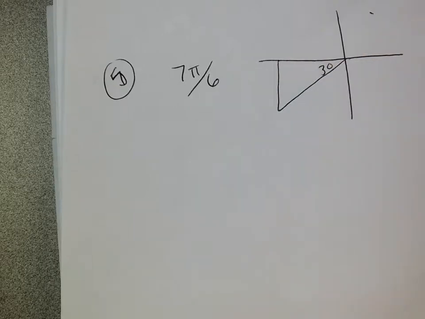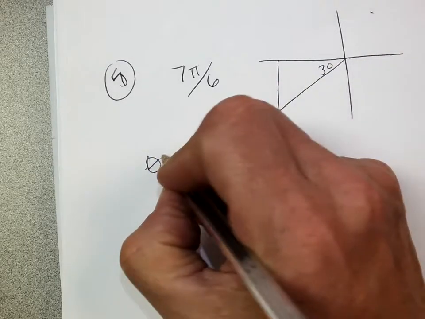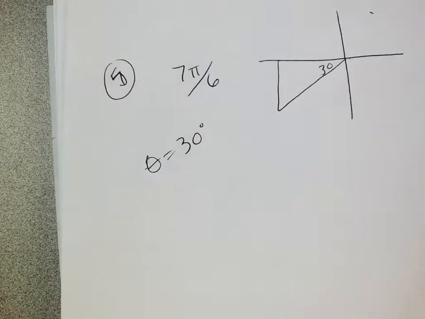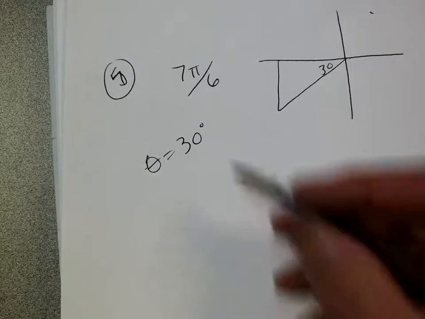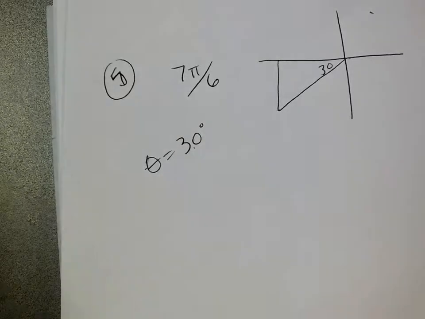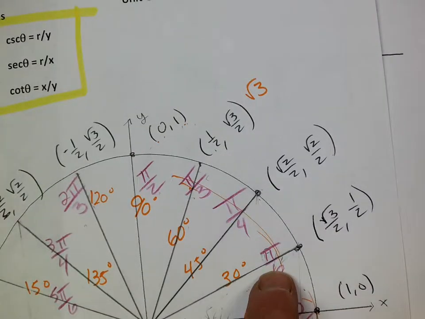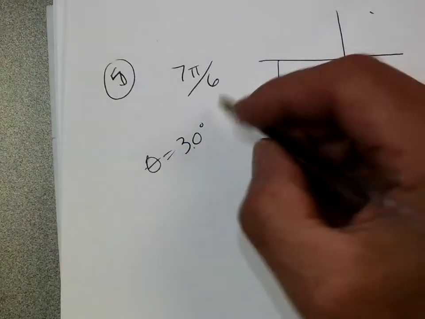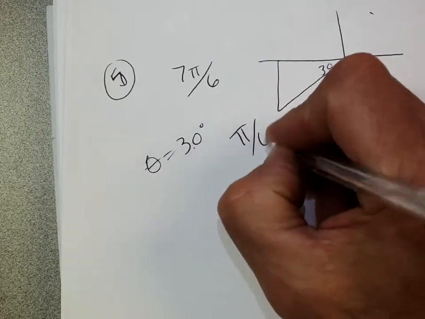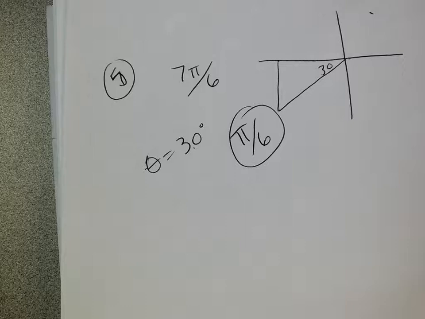So our reference angle, theta, really is 30 degrees. If we were doing degrees for dummies, we'd say the answer was 30, but it's not. It's pi over 6. The equivalent of 30 degrees is pi over 6, okay? Everybody okay with that? So my answer is pi over 6 as my reference angle, or my reference number. The book likes to call it a reference number.